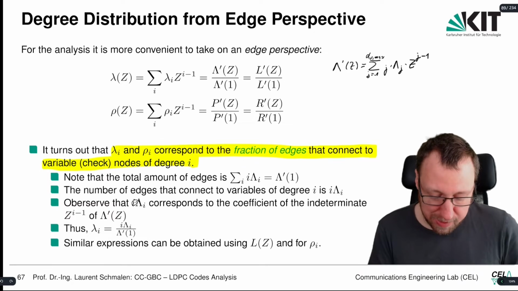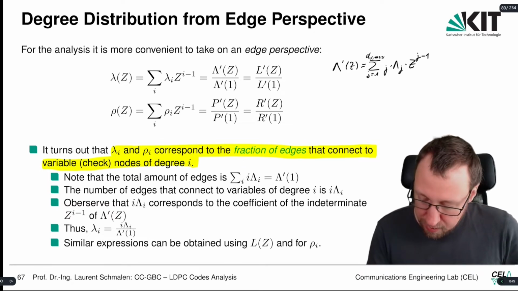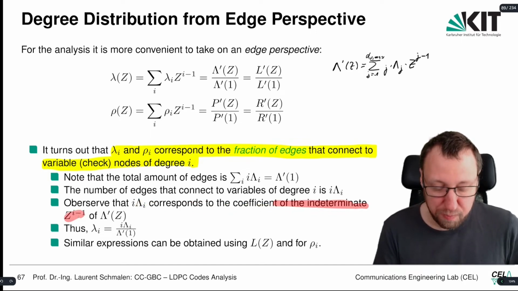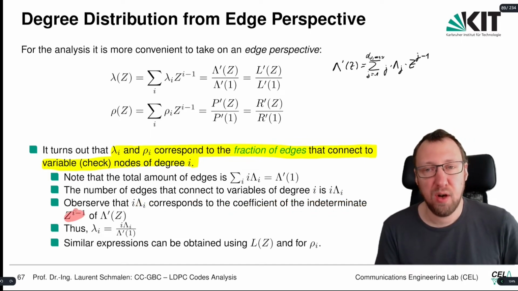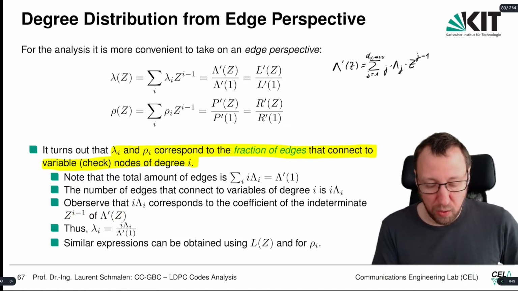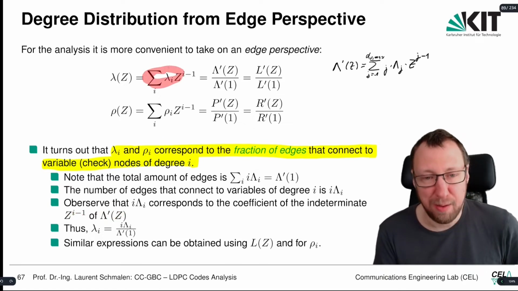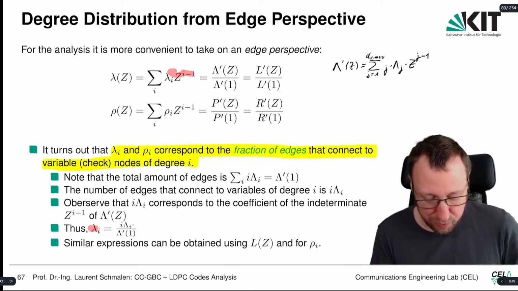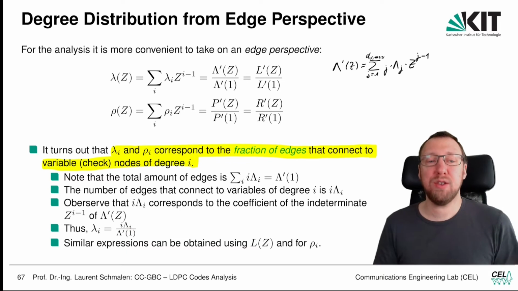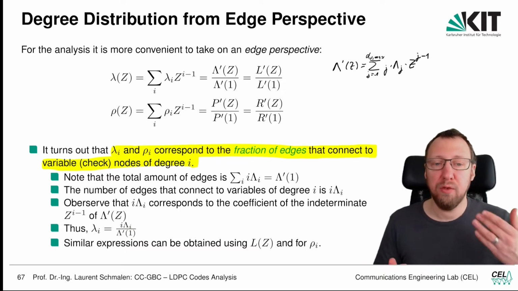So I times lambda I corresponds to the coefficient of z to the power I minus 1 of lambda prime of z. So if we define lambda of z in this way, that means that lambda I is equal to I times capital lambda I divided by the total number of edges. So lambda I is the fraction of edges connecting to variable nodes of degree I.